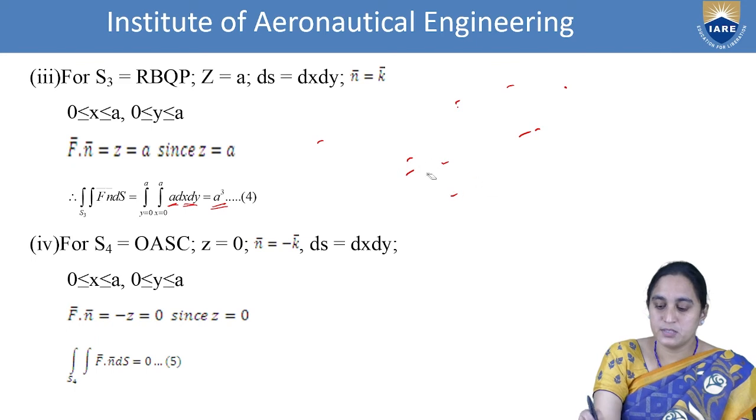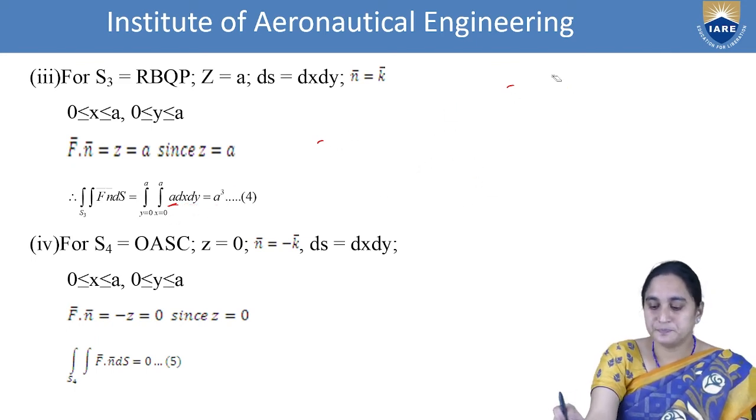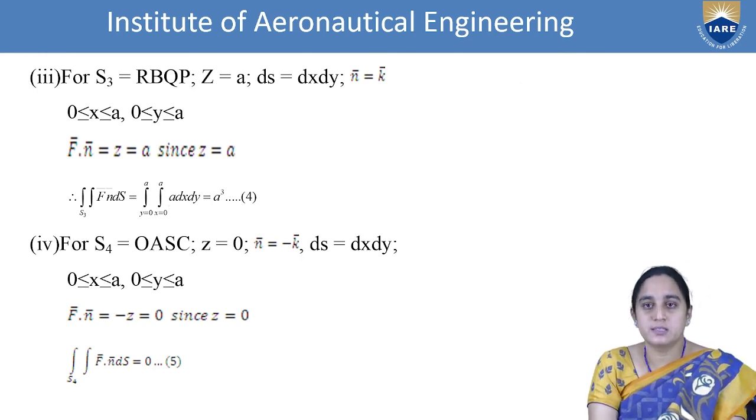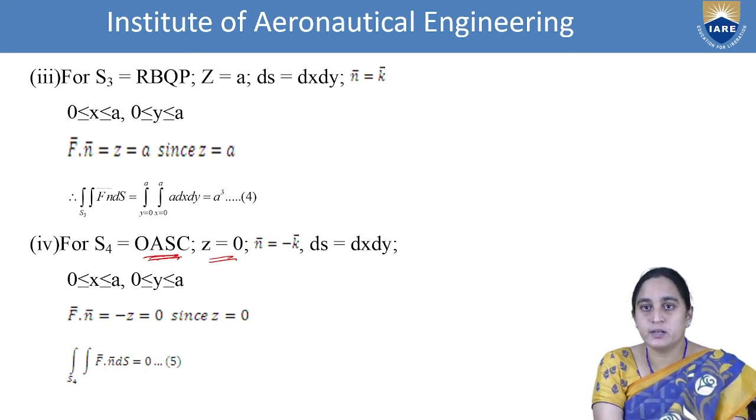Next, the surface integral on the S4 phase. What is S4 here? OASC on the cube. There z is equal to 0. Why have we taken z as 0? Because OASC is in the z axis negative direction, with the limit point as 0, and the unit normal vector is negative, that is n bar is equal to minus k bar.